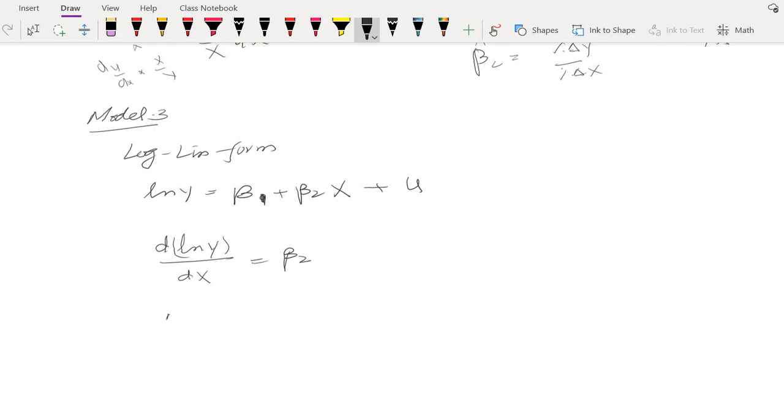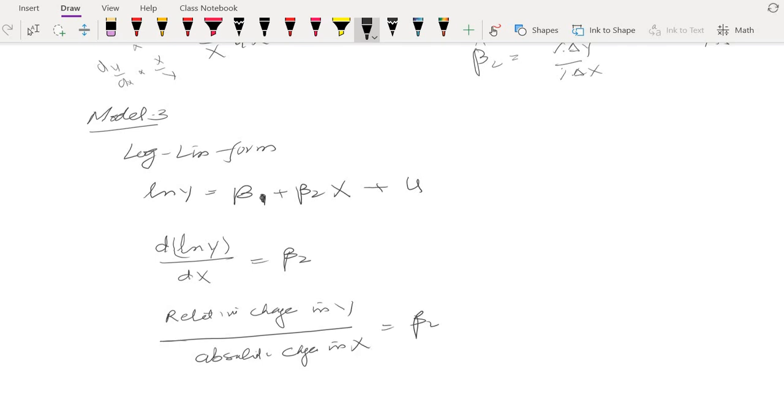The relative change or the percentage change is the same, except that we multiply it by 100. The relative change in y over delta x, the absolute change in x, is equal to beta 2, right?